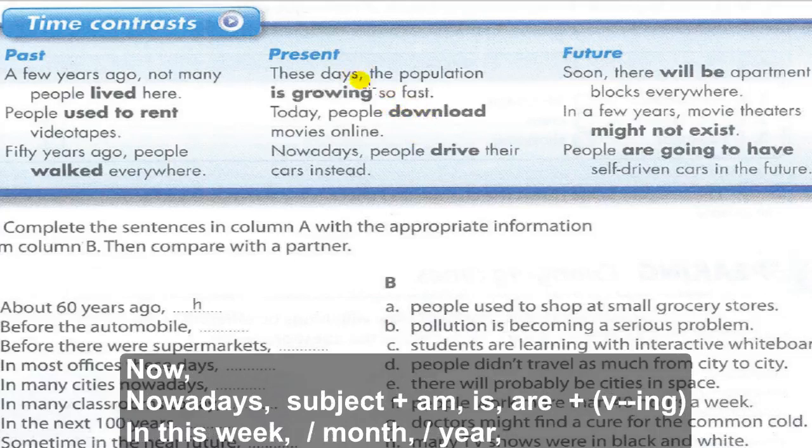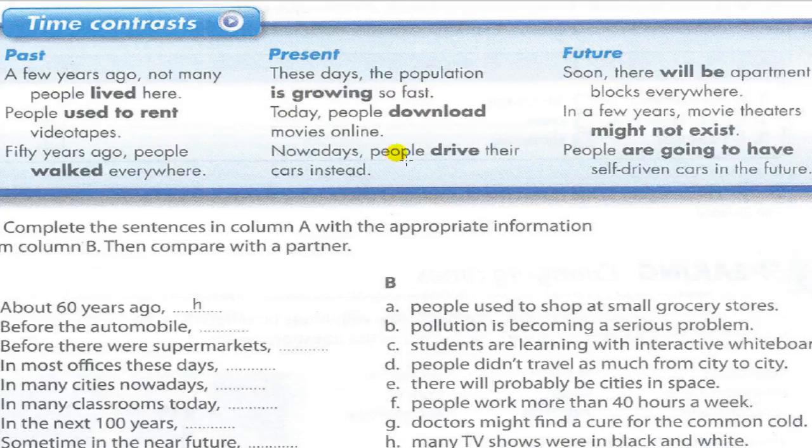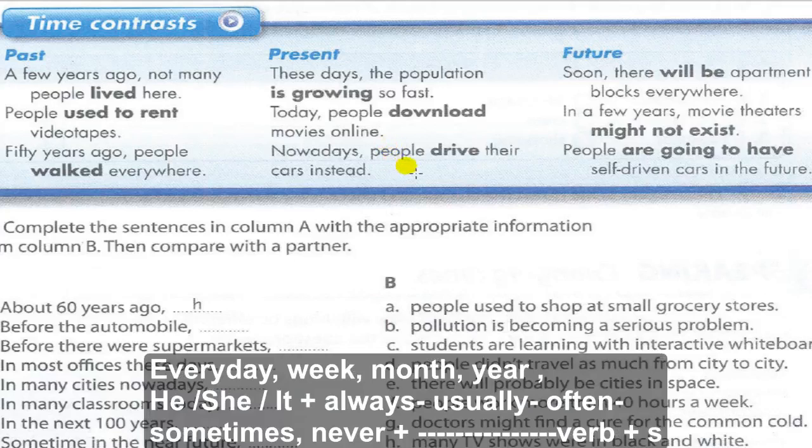So for the present, you can use present continuous, subject, am, is, are, verb plus ing, something happening now, or use simple present, he, she, it, verb plus s, es, ies.